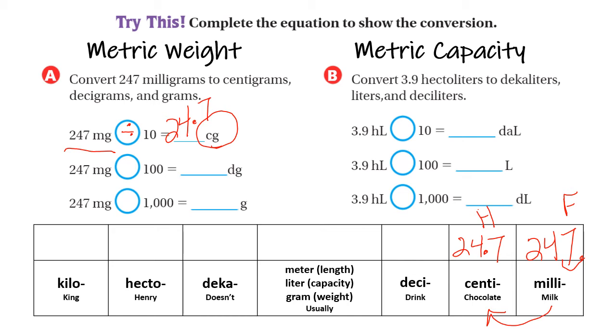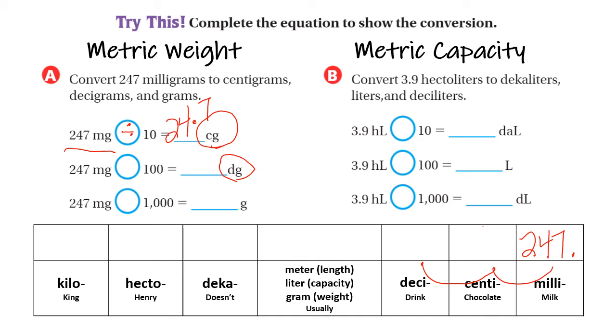All right, let me erase that and let's go to the next one. I'm going to erase all of that, and we're going to start over. Okay, we're still starting with 247 milligrams. Remember our decimal point is at the end. Now we're trying to go to decigrams. So we need to move 2 spots, which is dividing by 100.